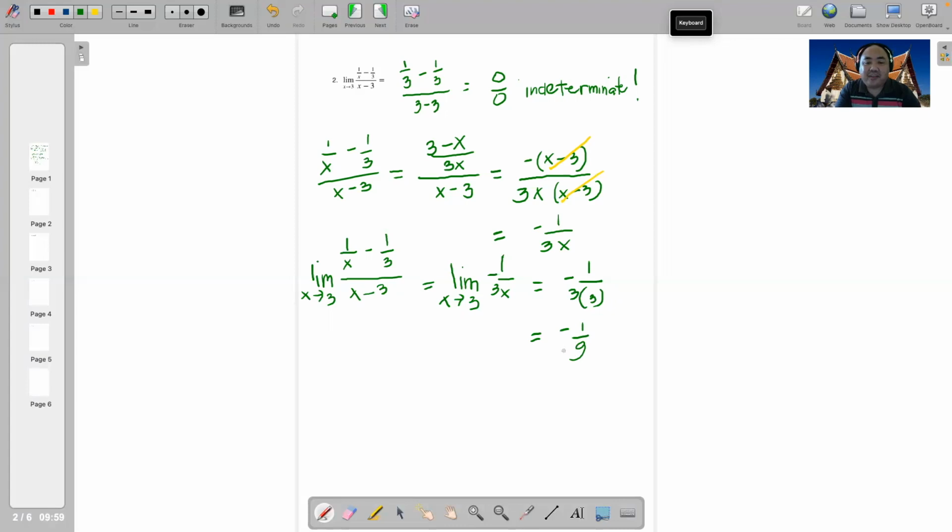And there you go. The limit of 1 over x minus 1/3 all over x minus 3 as x approaches 3 is negative 1/9. And there you have it.